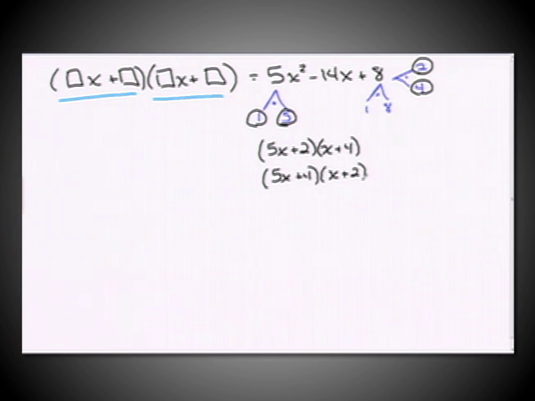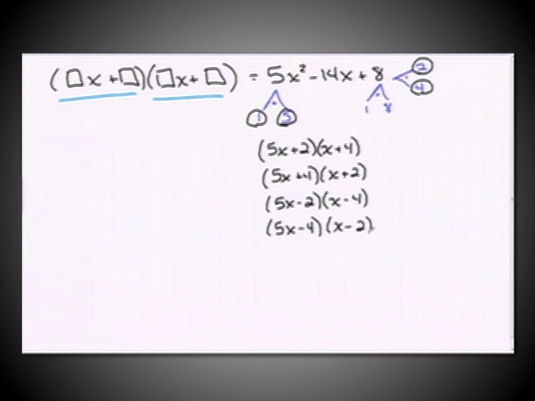So I just flip-flopped the last two terms in each set of the parentheses there. Or I could have 5x minus 2 and x minus 4. Or I could have 5x minus 4 and x minus 2.